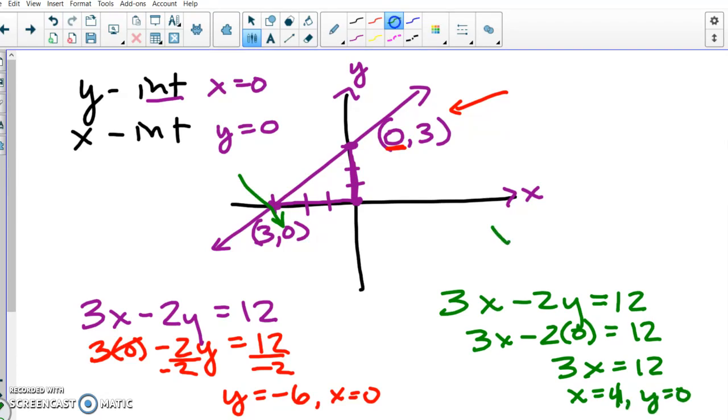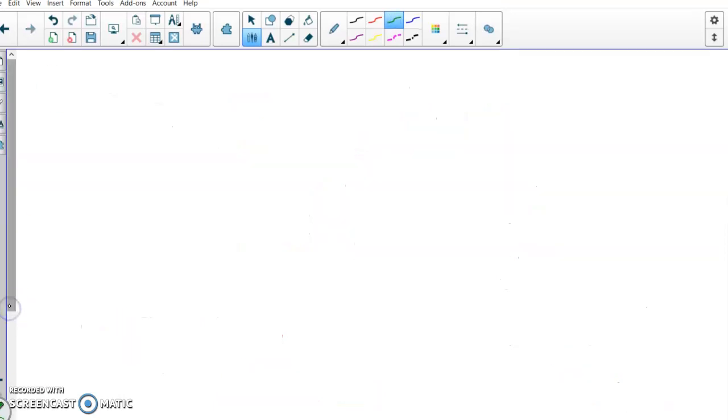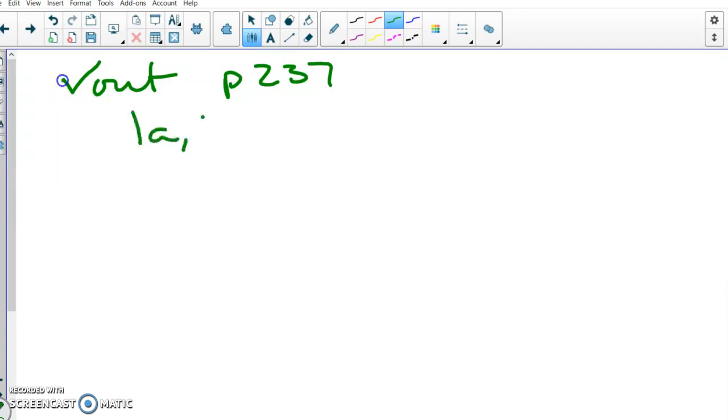We have an x-intercept of 4 and a y-intercept of negative 6. Please try the check it out problems at the bottom of page 237. Page 237, check it out 1A, B, and C. And complete those and come back to this recording and check the solutions.